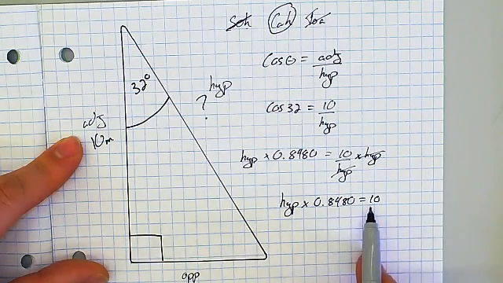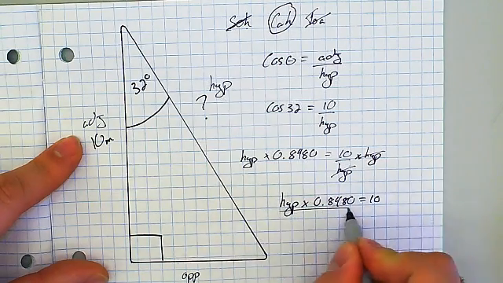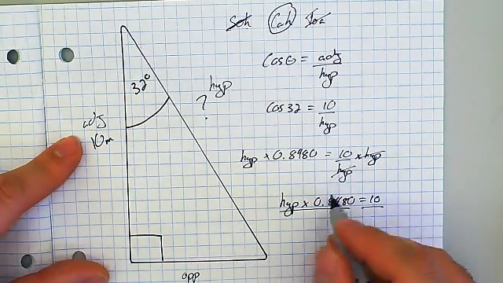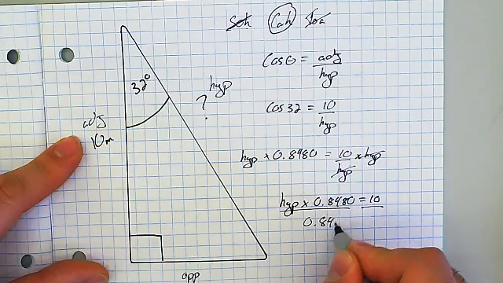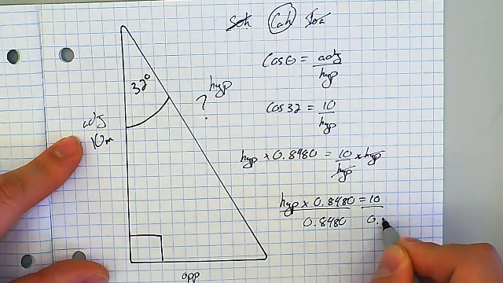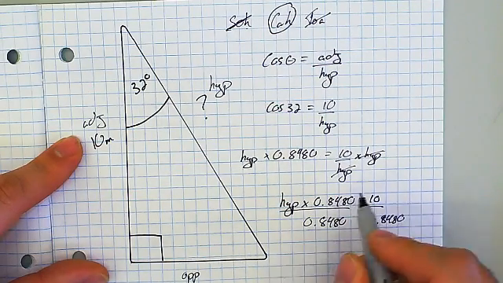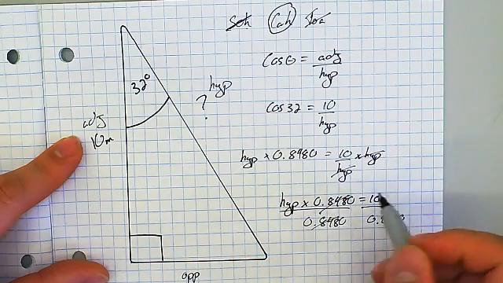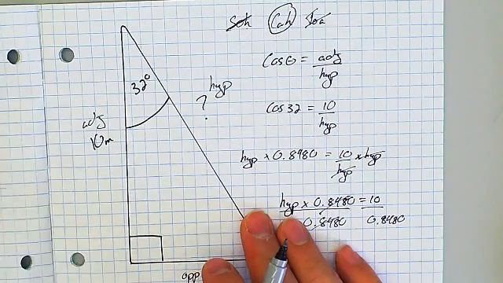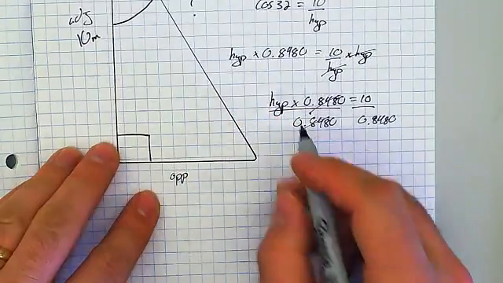We now have a hypotenuse times 0.8480. This equals 10. I'm going to divide both sides by 0.8480 in order to get it by itself, because when I divide two numbers that are the same, they cancel out.